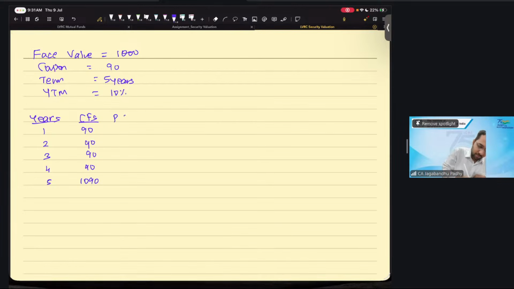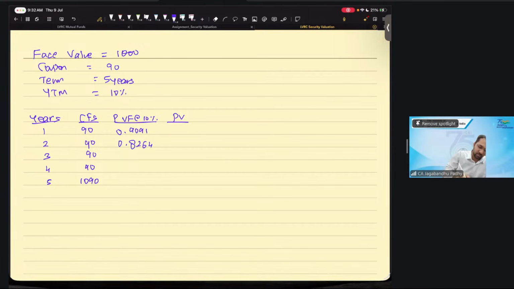We write down the present value factors at the YTM of 10%, and then we take the PV. Present value factor at 10% is going to be 1 divided by 1.1, which is 0.9091.